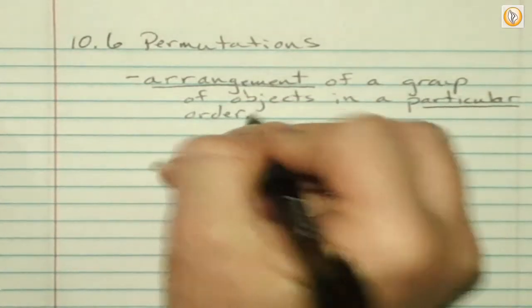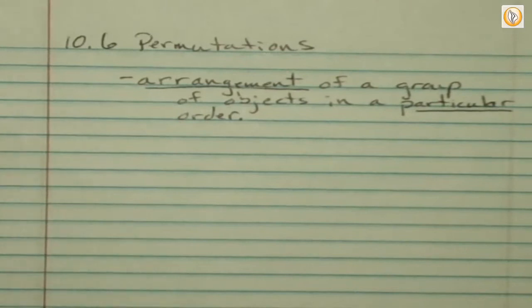I've underlined the important words: arrangement and particular order. Not a random order. Like if I were to draw a bunch of names from a hat, that's kind of like random.